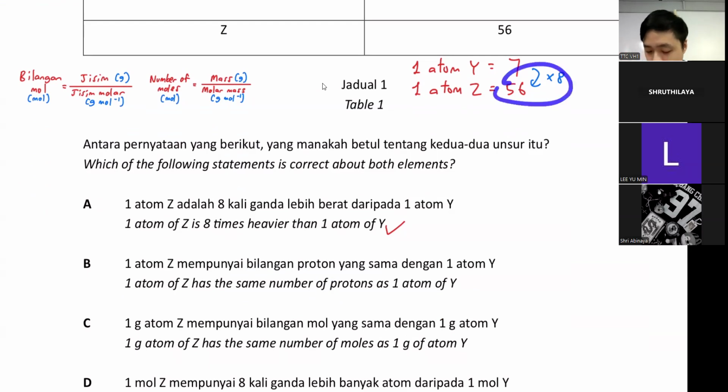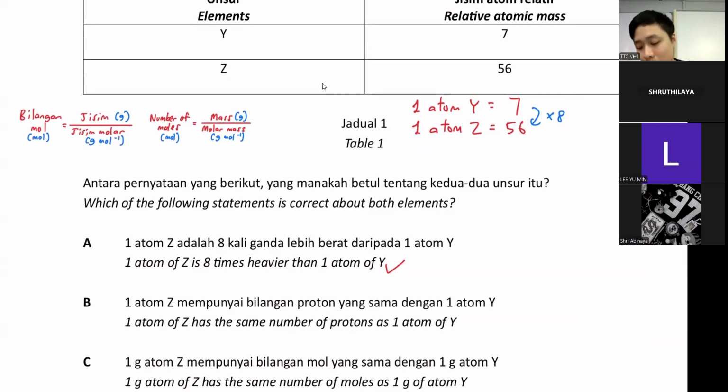I can tell you, actually, the element with mass 56 is iron. The element with mass 7 is lithium. Lithium has 3 protons, iron has 26 protons. So definitely very far. Not possible for the same number.